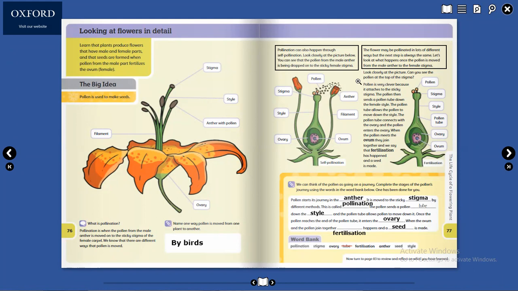The pollen tube connects with the ovary, and the pollen enters the ovary. When the pollen meets the ovum, they join together, and we say that fertilization has happened and a seed is made.